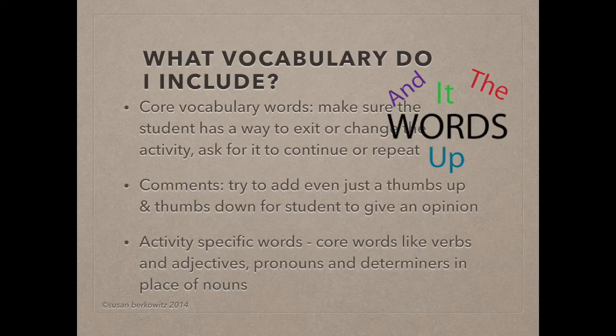You also need some specific words for the activity itself, adjectives and verbs especially, that relate to the activity, as well as some nouns that are specific. Also, use pronouns wherever they make sense. These are core words and will carry over from one board to the next for practice.